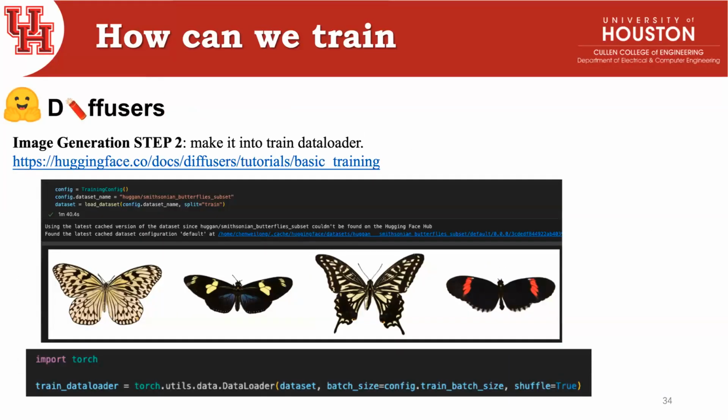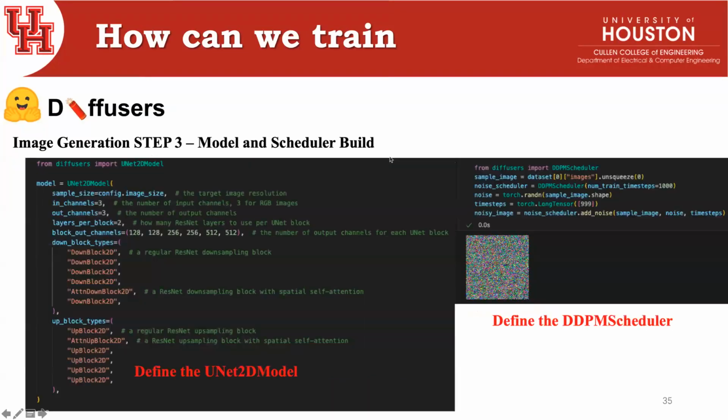So let's first introduce the process of DDPM. So the DDPM, you only need the pictures like this, all these pictures, and then you do the train data loader to make it into a PyTorch data loader.